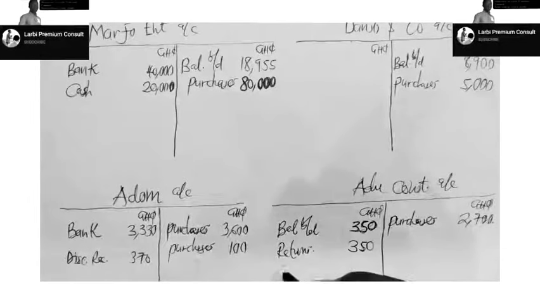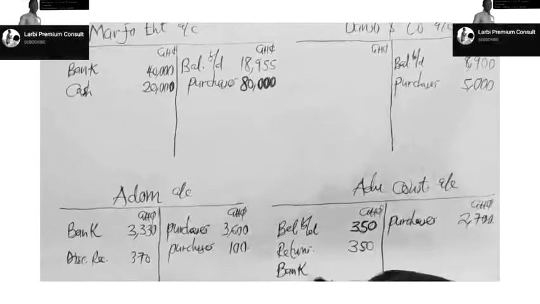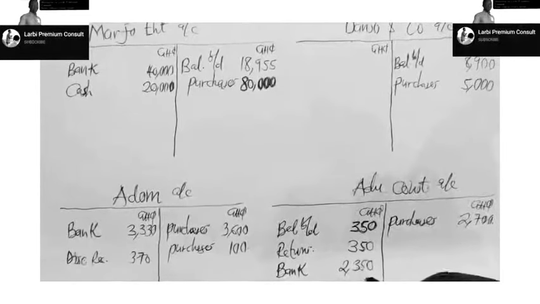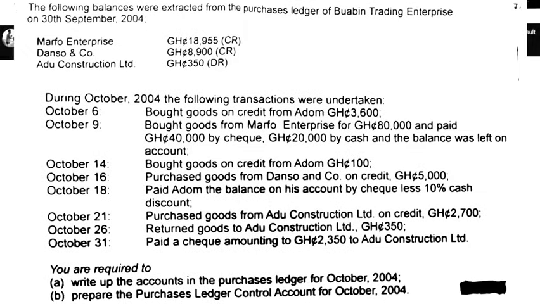So we are going to debit Edu's account in the name of what? Bank, because we use check to pay. So it's bank, which is what? 2,350. Okay. And is there any other information that we have left out? Let's see. So there is no other, all the information here has been exhausted.